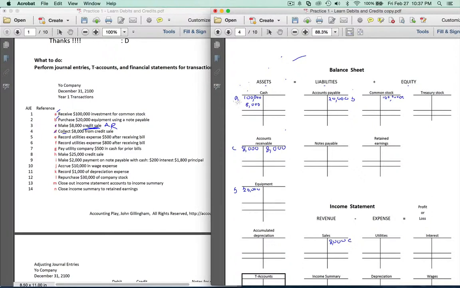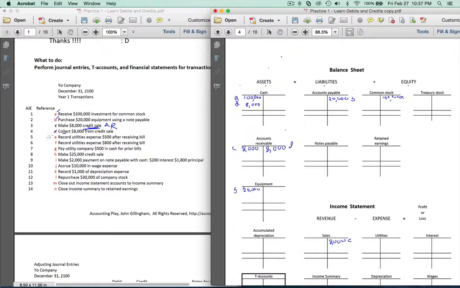So 8,000, since we're really cool accountants, I'm just going to put a little D there. I'm going to put a little D here and a little D here. Okay, I'm a little bit impaired in my handwriting.